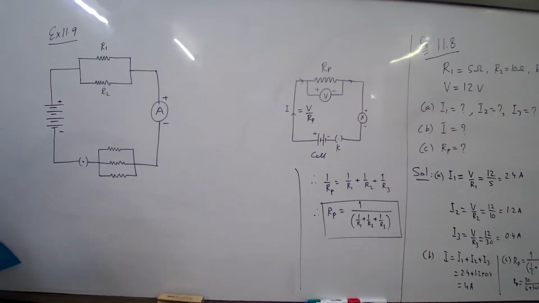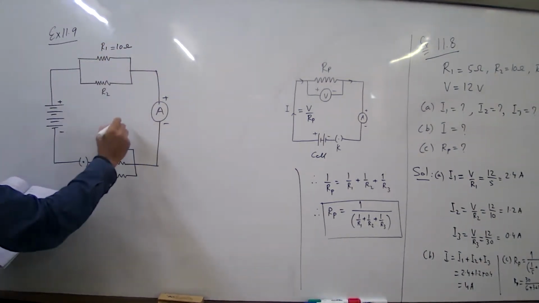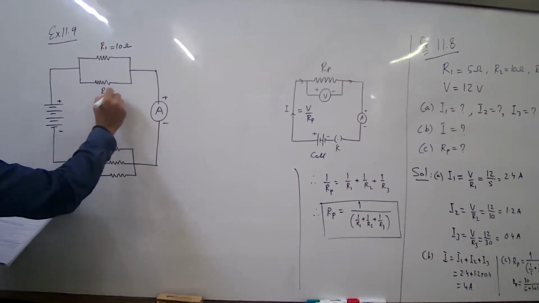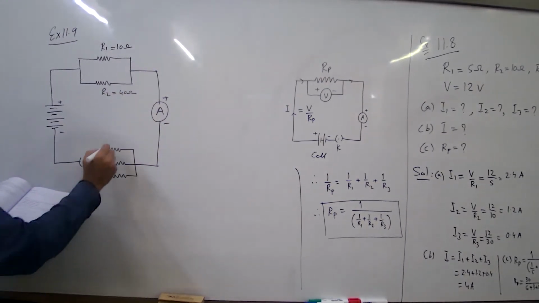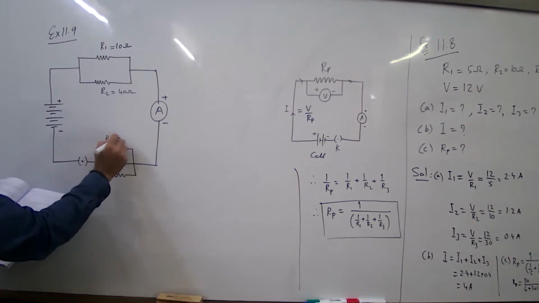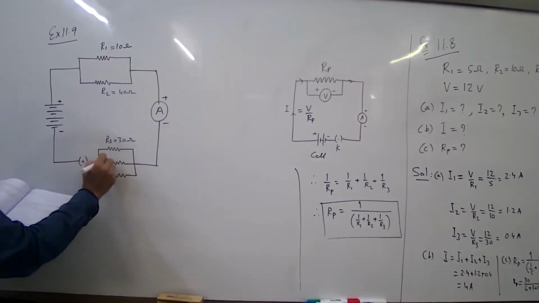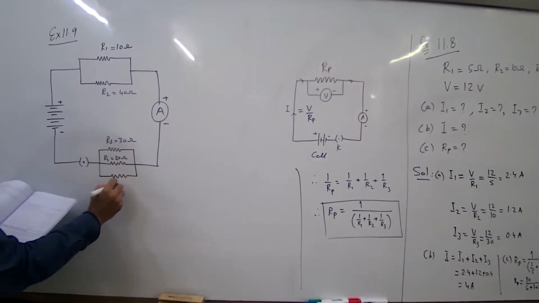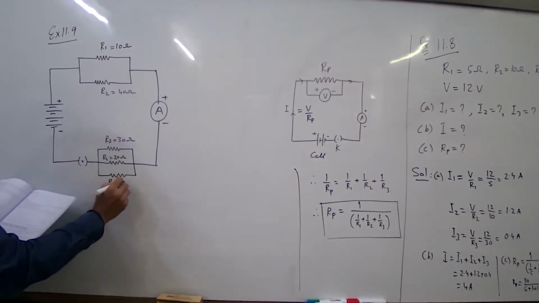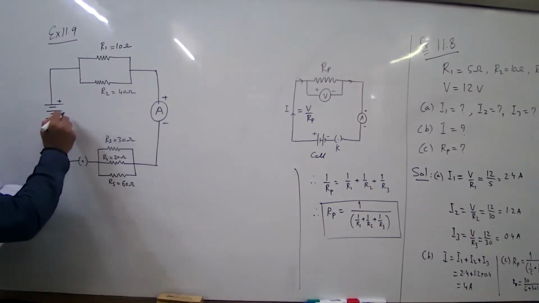So what is given? R1 is given as 10 ohm. R2 is 40 ohm. R3 is 30 ohm. R4 is 20 ohm. R5 is 60 ohm. This is a 12-volt battery.